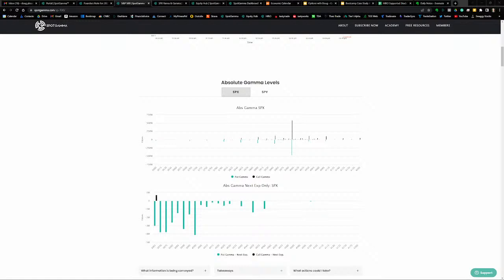So what we're looking at here is absolute gamma, with positive or call gamma above the zero line, and negative or put gamma below, shown in teal, and calls are shown in black. So again, the 4,000 level, that's the call wall, as well as the absolute gamma strike.